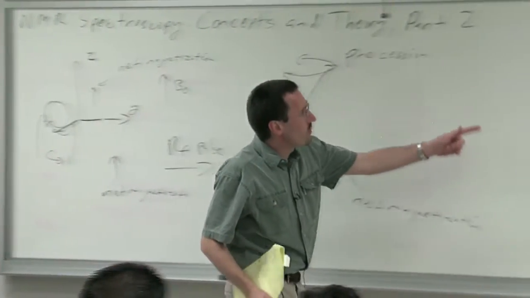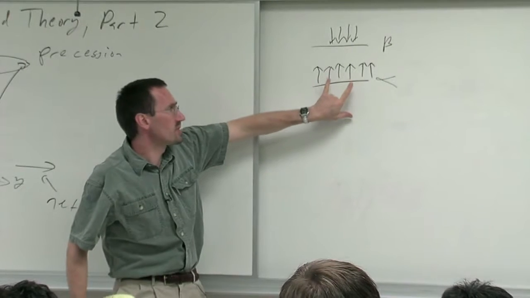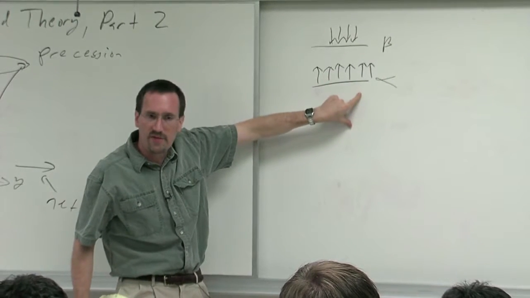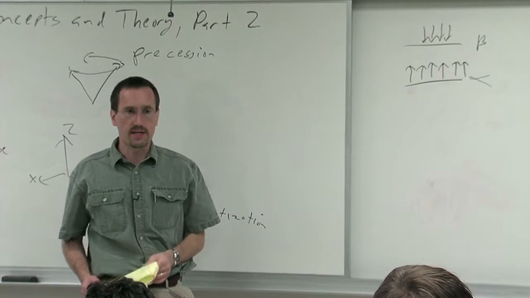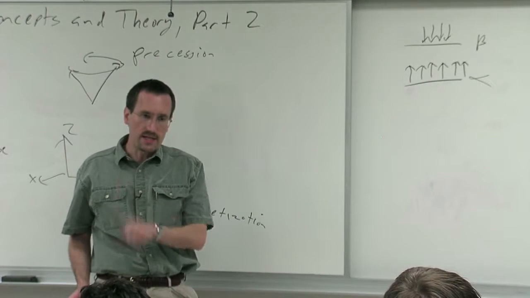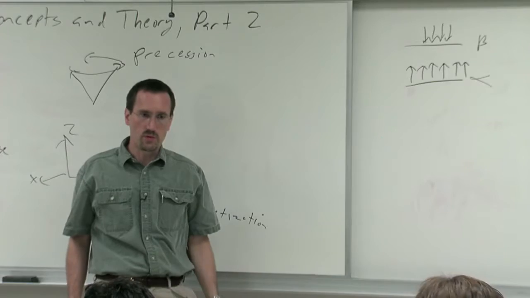What I did for the purpose of my drawing was I drew 6 with spin up in the alpha state and 4 with spin down in the beta state. Individual nuclei, right? Those are representing exactly the spins of individual nuclei.